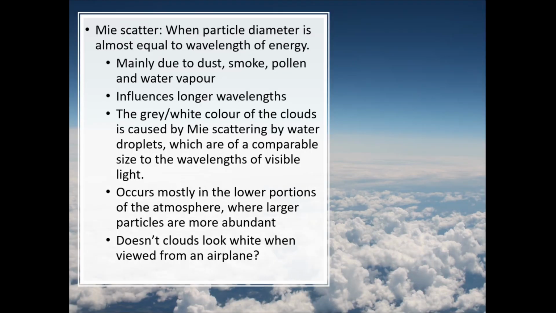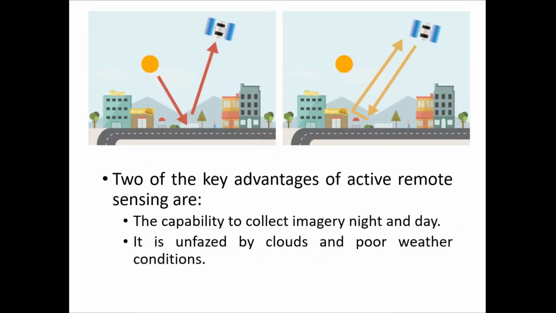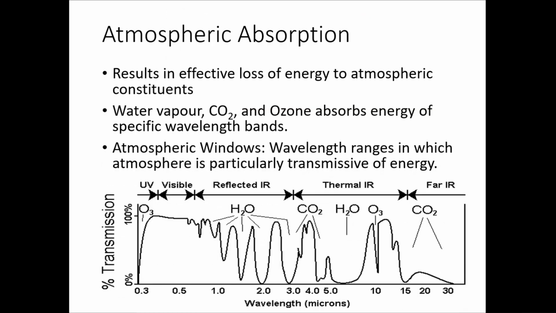This is where I mentioned earlier, you see, key advantages of active remote sensing. We had the second point, it is unfazed by clouds and poor weather conditions, right? Do you remember this? So you can use microwave remote sensing for conditions where there are a lot of clouds or poor weather. Why?